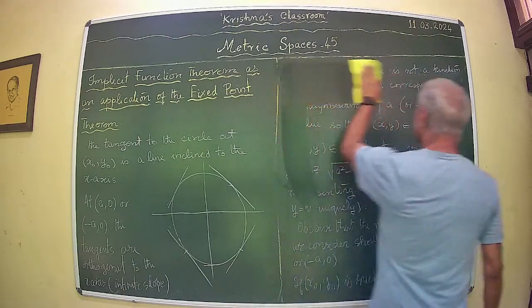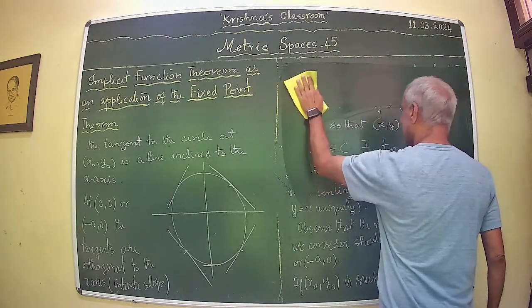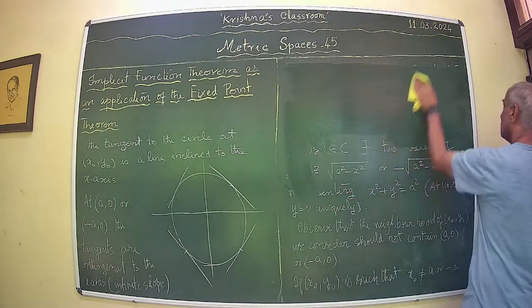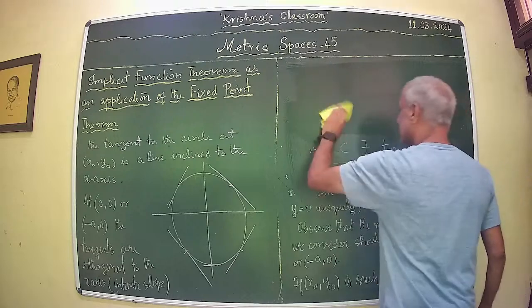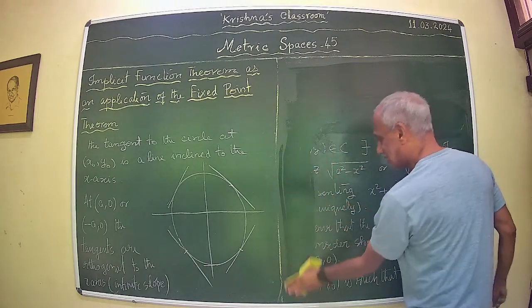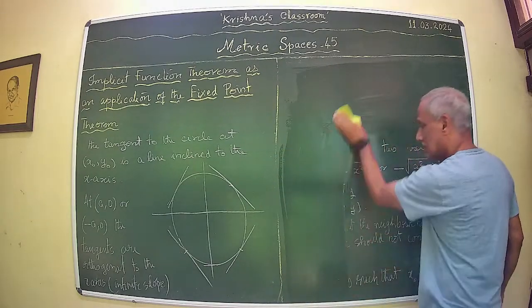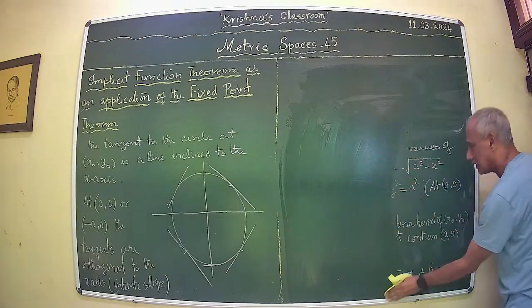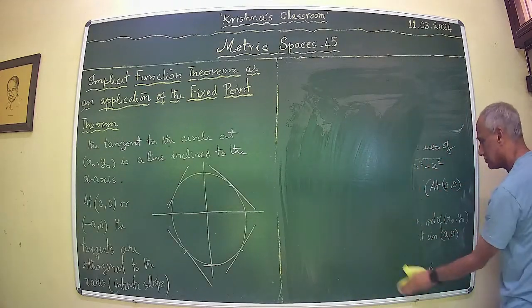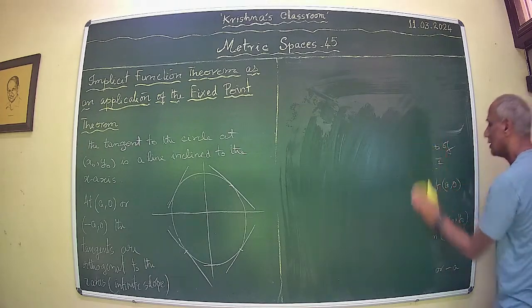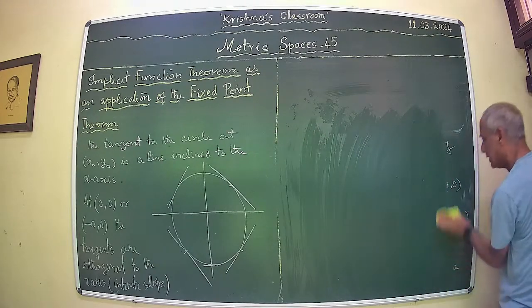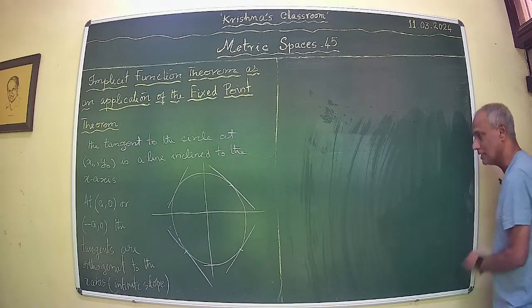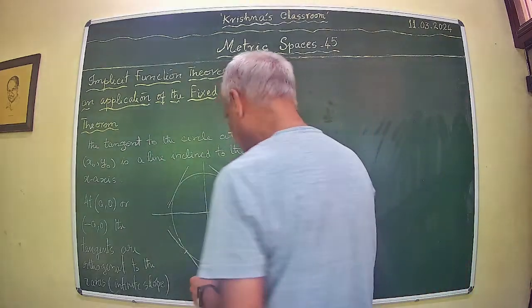So the hidden, geometric secret here is this: such points are determined on the curve by determining the slope of the tangent to the curve.